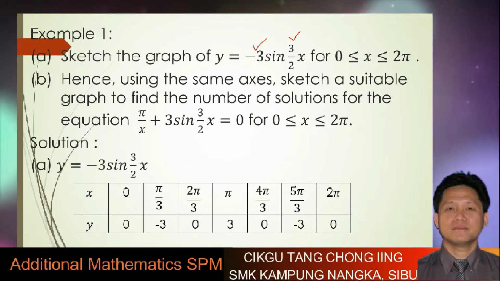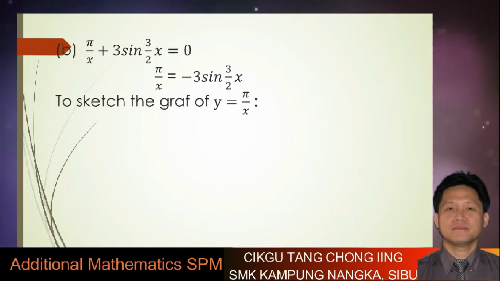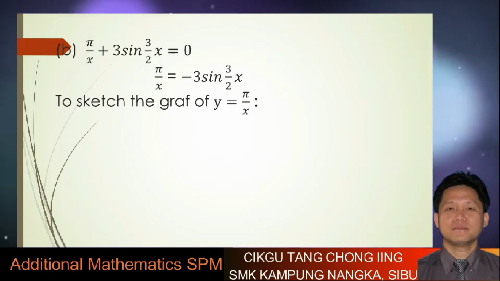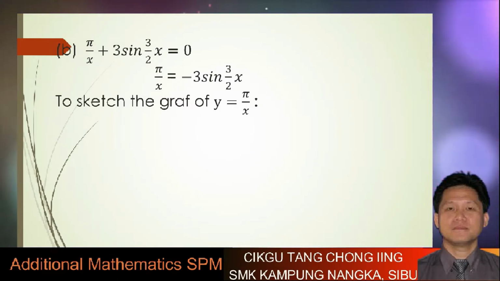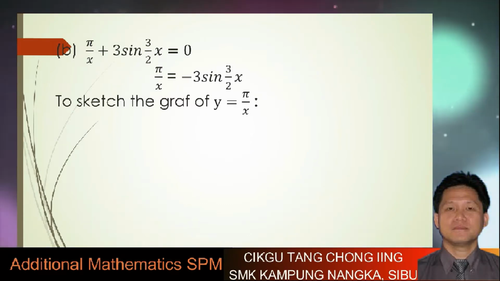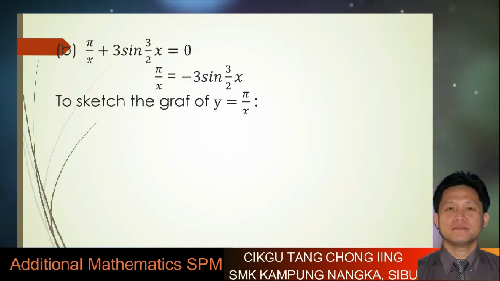And for B, we are asked to draw a suitable graph. So how should we do that? Later we are going to look at the two graphs at the same time, because it's on the same axis.